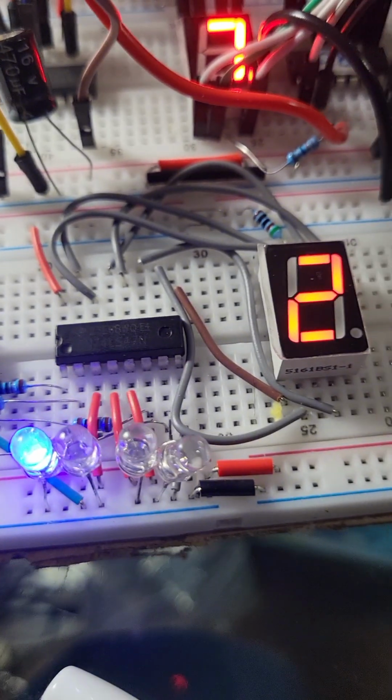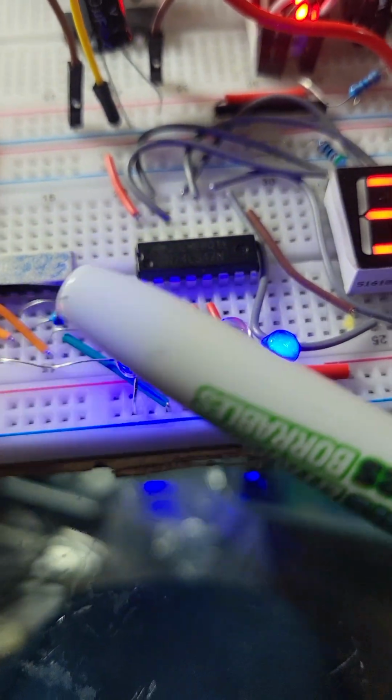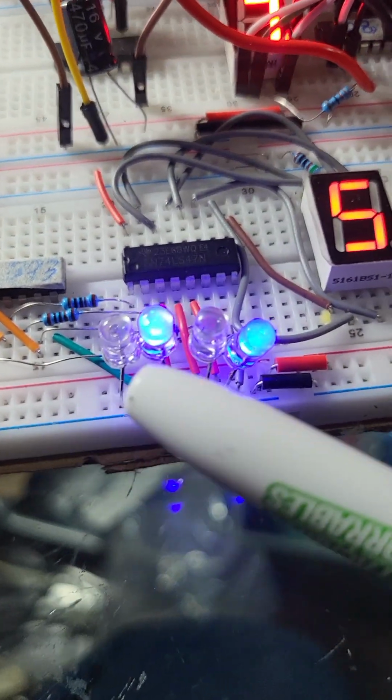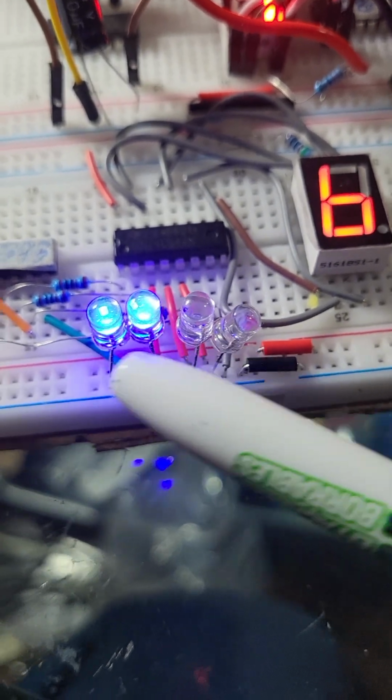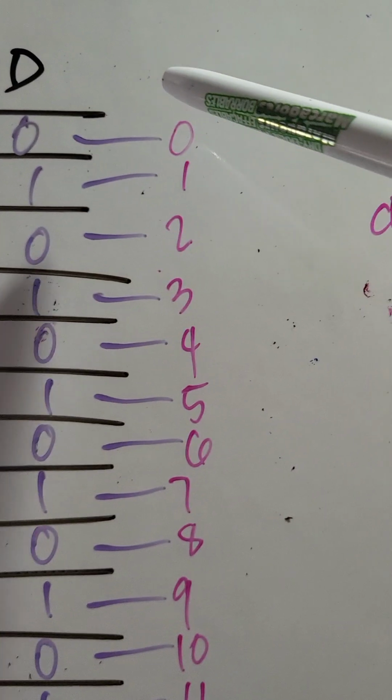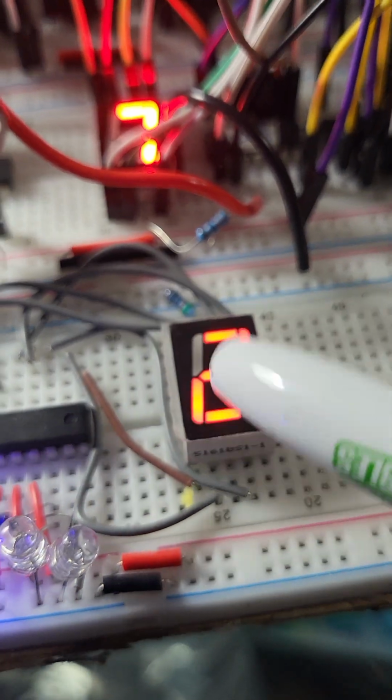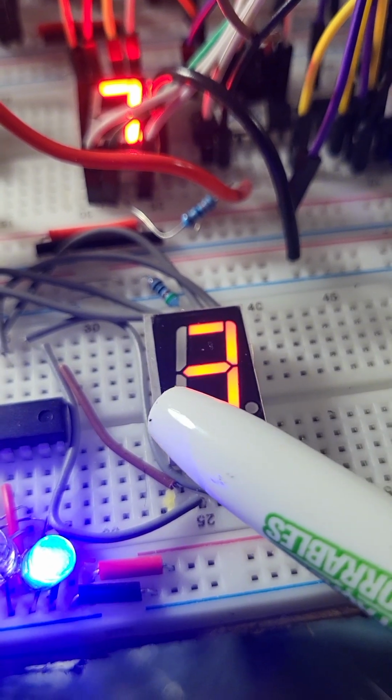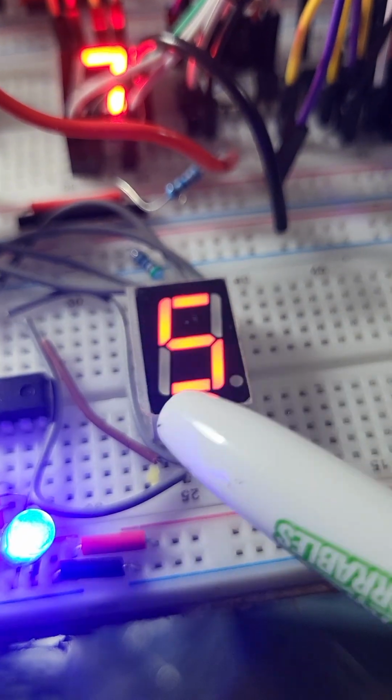So actually for this combination, it must be from 0 to 15, because this is for combinations. It's the same as this, from 0 to 16, but it counts only up to 9. Why?